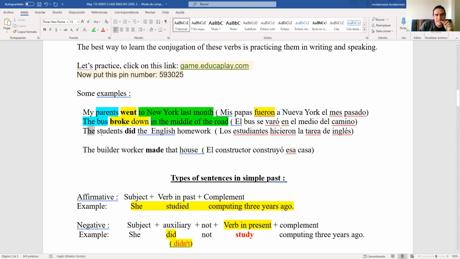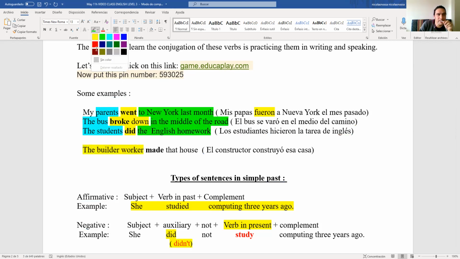Okay. The students, subject, siempre un sujeto. Subject, verb, siempre un verbo, la acción, the verb, and complement, ¿ok? The same here. Este sería todo mi sujeto. El constructor, the builder worker, subject, the subject made, in this case, and the complement, that house. Okay.